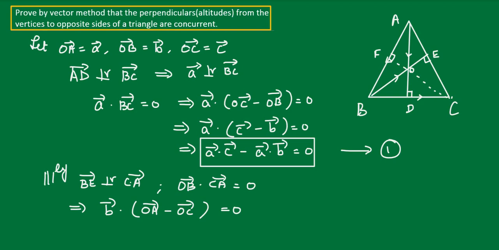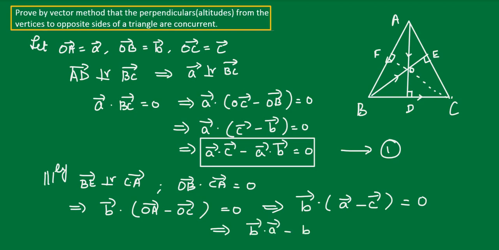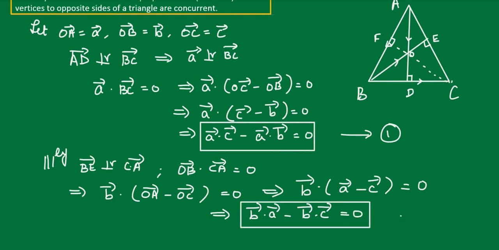Equating to 0 is very important. If the dot product is 0, then only the vectors are perpendicular. So this can again be written as B vector dot A vector minus C vector is equal to 0, which gives us B vector dot A vector minus B vector dot C vector is equal to 0. Let us take this as equation number 2.